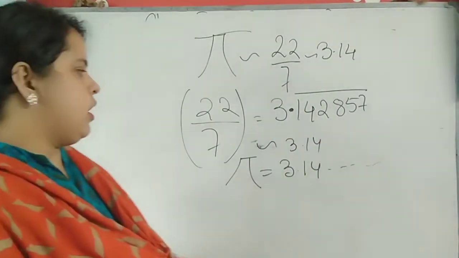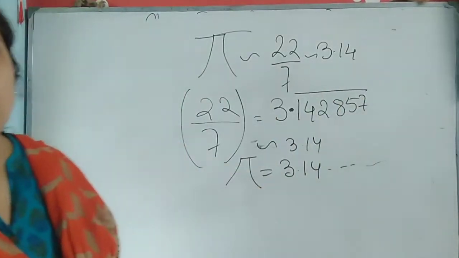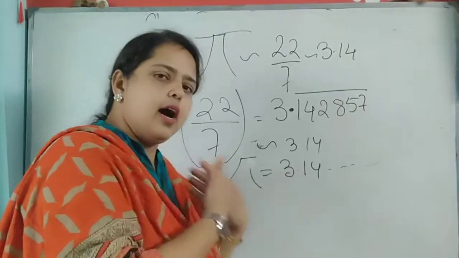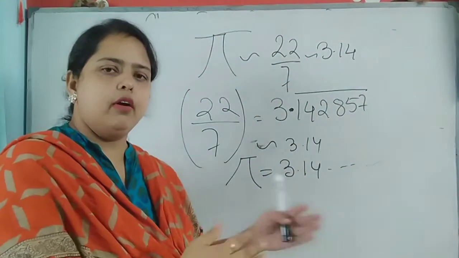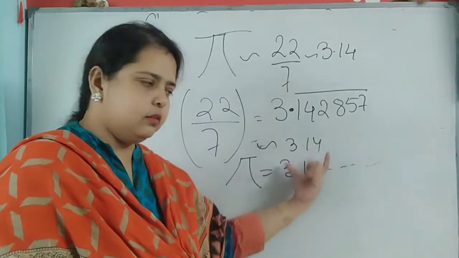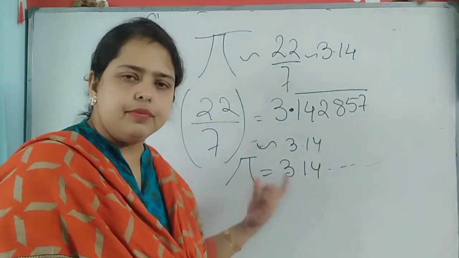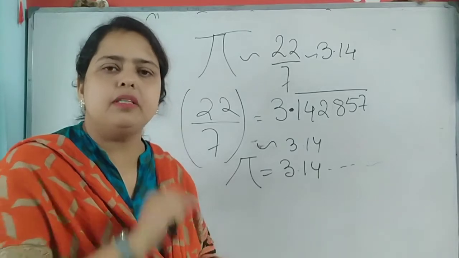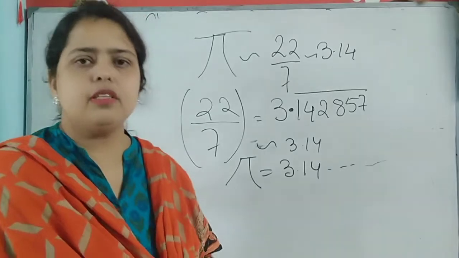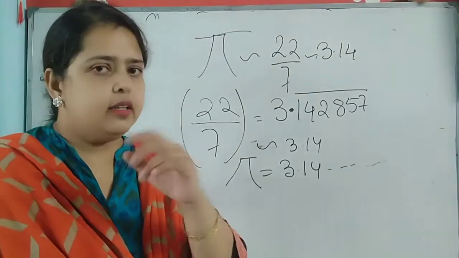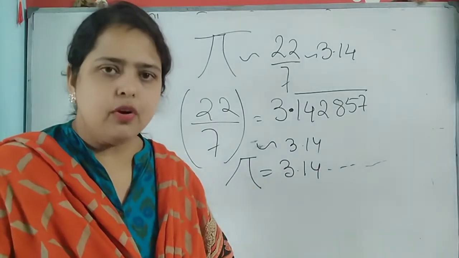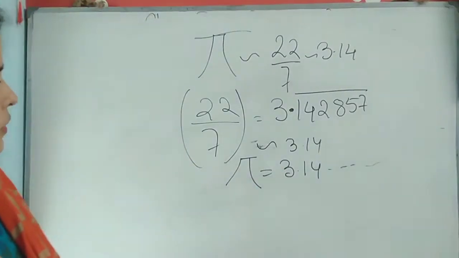Okay, it is moving on and on with no recurrence, with no repetition, and infinitely it is moving on. So by looking only at this common part, we are considering, since we need the value of pi to be substituted while finding the area of a circle, circumference of a circle, curved surface area, cylinder, cone, all these problems you are having, no? Everywhere you need the value of pi.